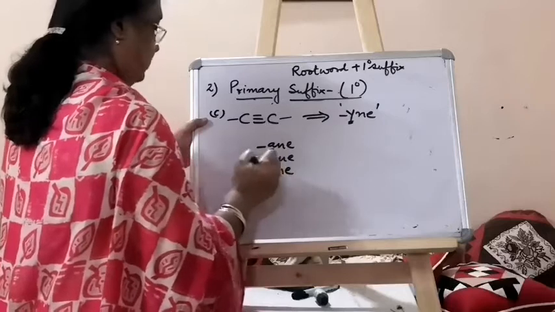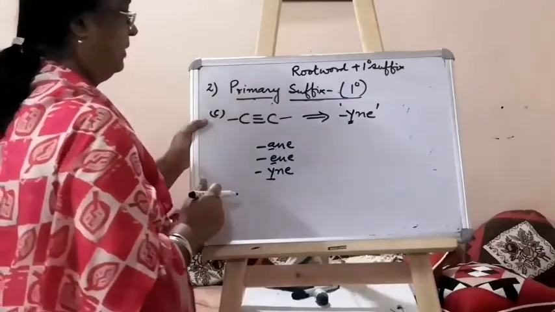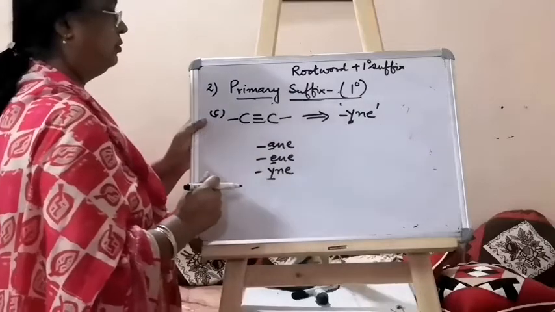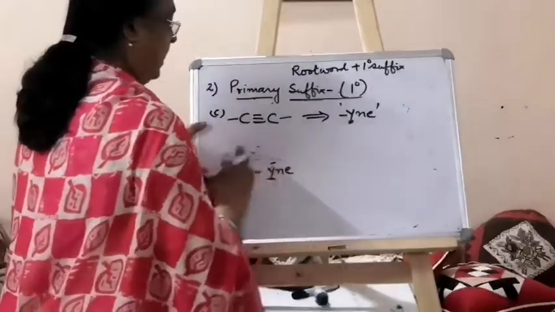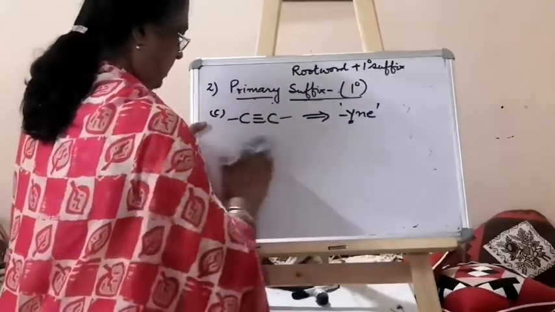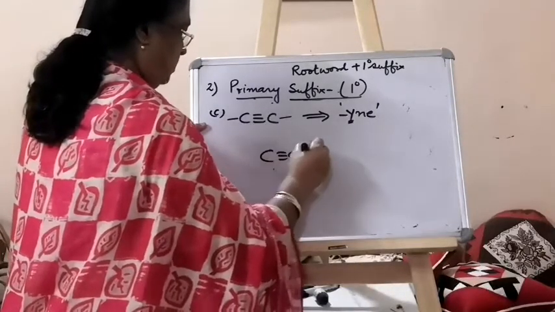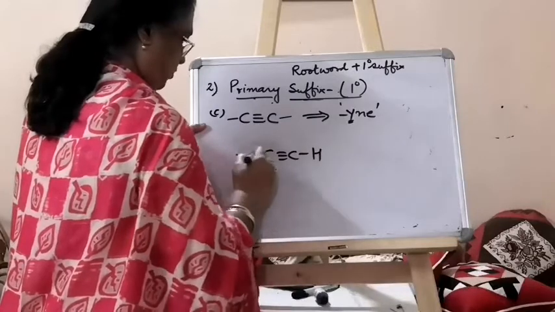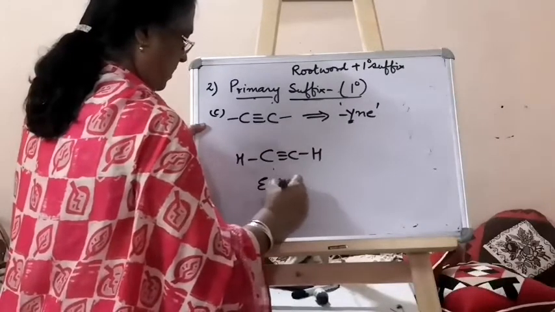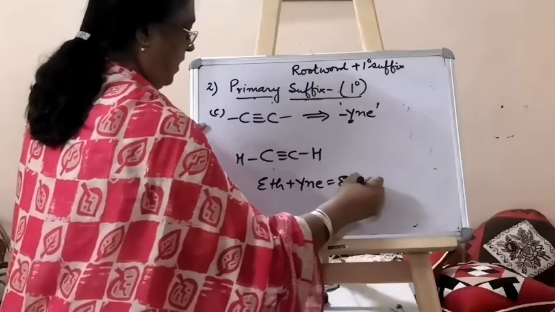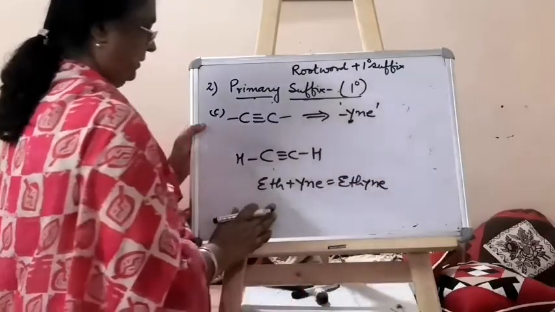So first letters will not be written capital at all, because this is added to the root word. So yne we have, and if we have this compound, then 1 hydrogen on each carbon, the root word is eth plus yne. This is ethyne. You have done this also earlier.